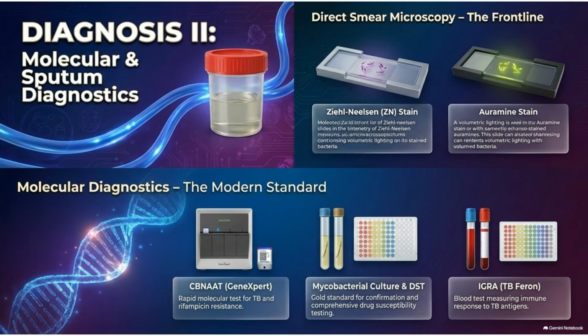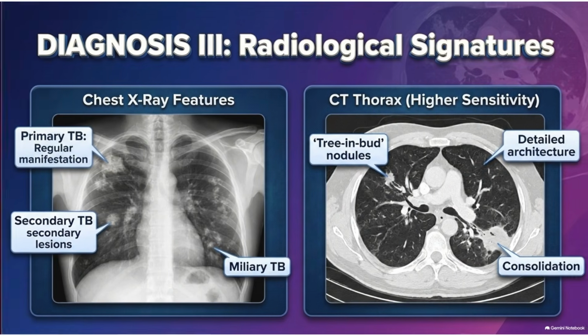Modern diagnostic standards utilize both molecular and traditional methods. While staining techniques like Ziehl-Neelsen remain frontline tools, molecular diagnostics like CBNAAT are critical for quickly identifying TB and drug resistance. Specialized tests like IGRA also aid in assessing immune responses.